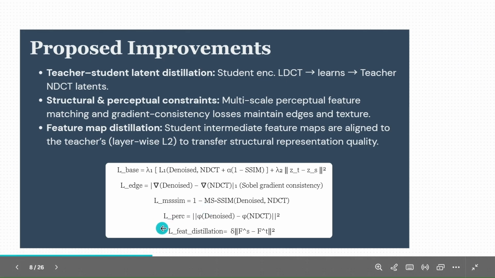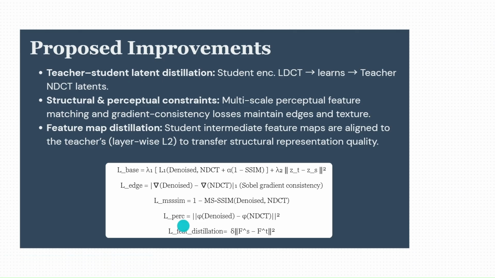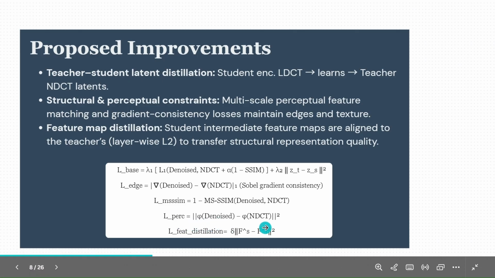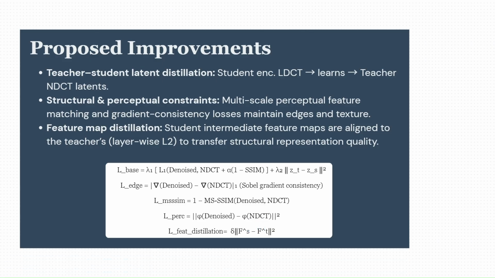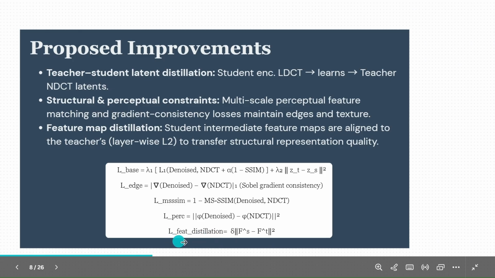And the third one is perceptual loss, which we compute using some pre-trained vision model. In our case, we used VGG model on both denoised image as well as NDCT image, and then computed L2 loss over their features. And this is feature distillation, which we used for student and teacher feature maps, and then we try to reduce it.